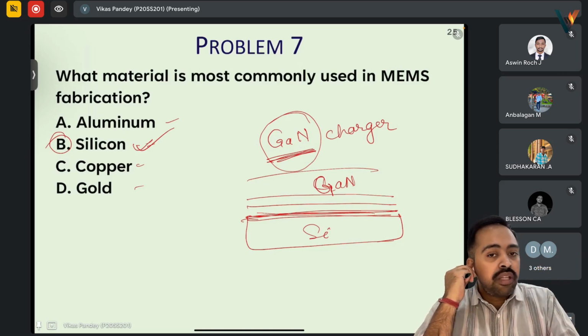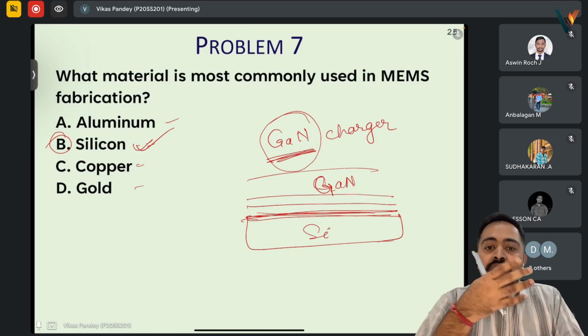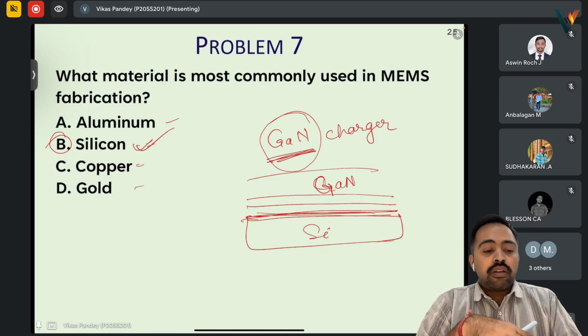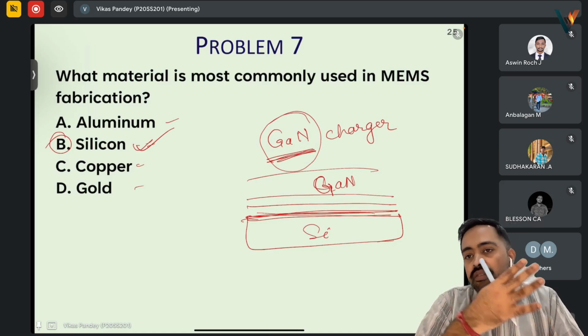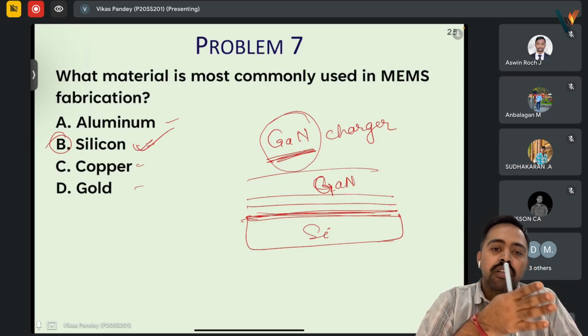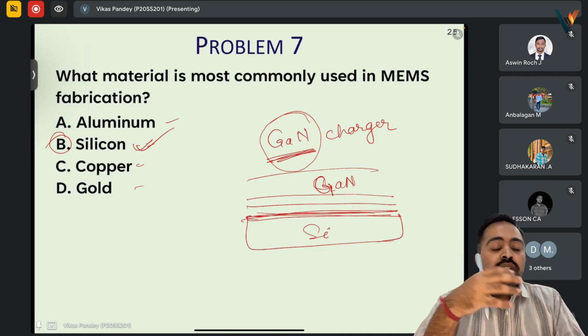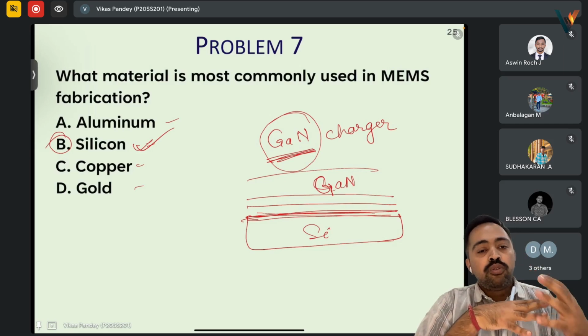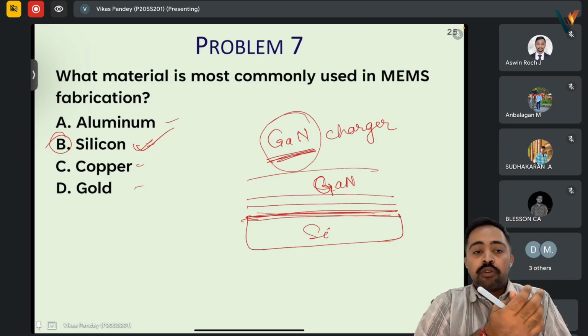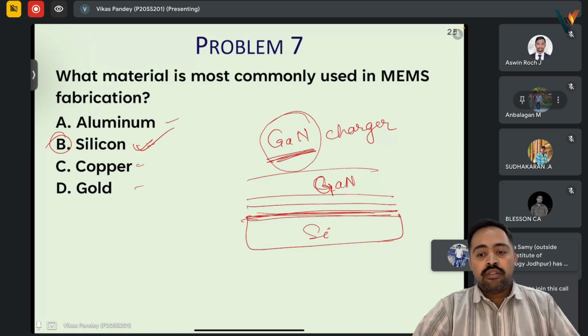Whereas if we talk in terms of GaN and these things, the power capacity, everything is much enhanced, but still silicon is preferred. Reason being, silicon technology is too developed and too penetrated, like it cannot be replaced at once.